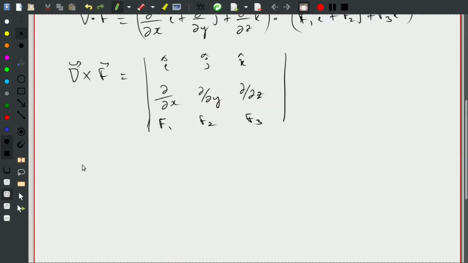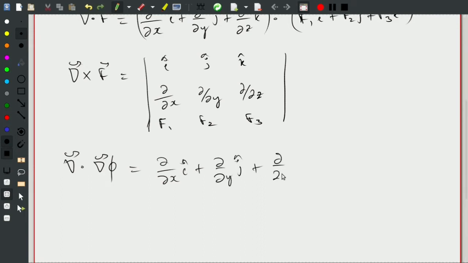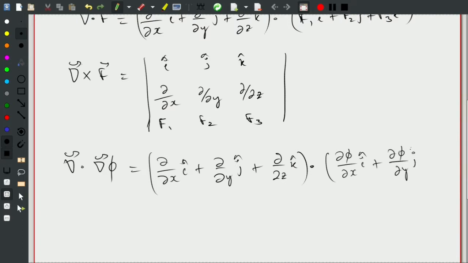Okay. So similarly, the Laplacian is given by del dot grad phi, right? So it's a vector operator. It operates on the gradient of a scalar function. So it is nothing but dou by dou x of i cap plus dou by dou y of j cap plus dou by dou z of k cap, dotted with the gradient of phi, which is dou phi by dou x i cap plus dou phi by dou y j cap plus dou phi by dou z k cap.